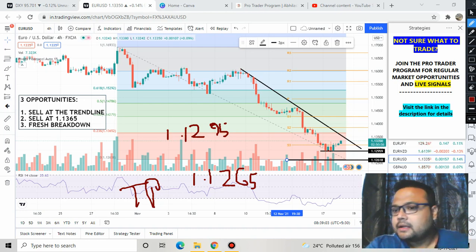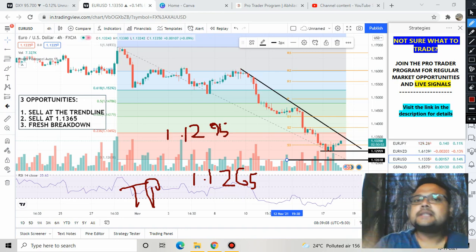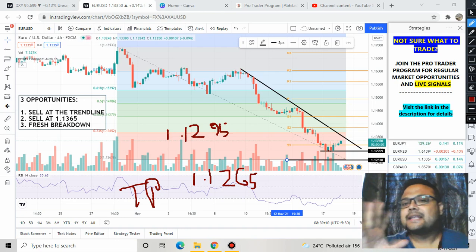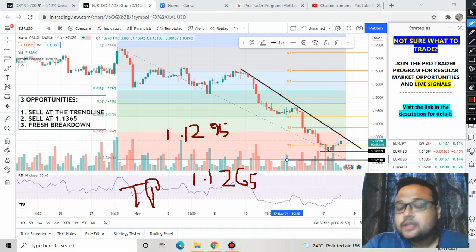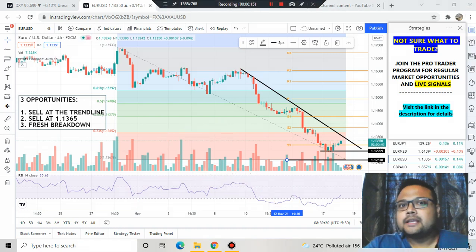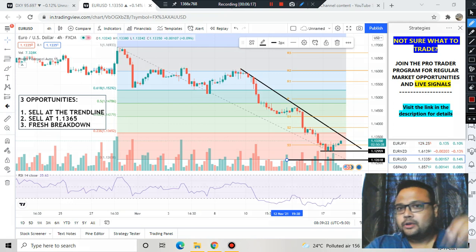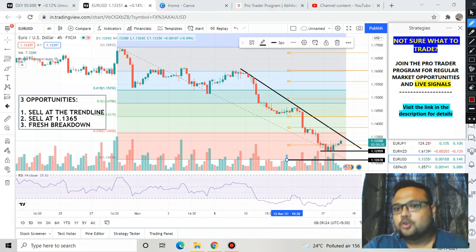But if the market witnesses some heavy, fresh selling, you can take a sell position below 1.1260. Yes, because that will be new selling in the market, and already we know that Euro USD has touched the 52 weeks low.